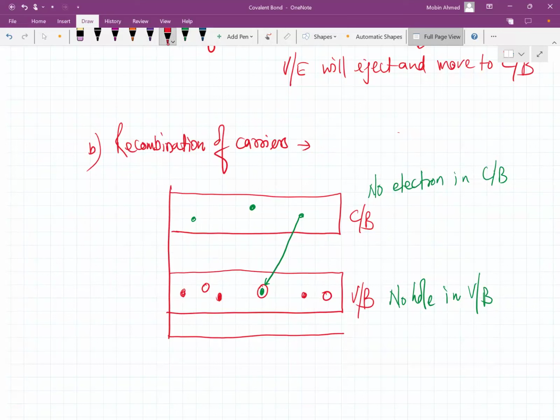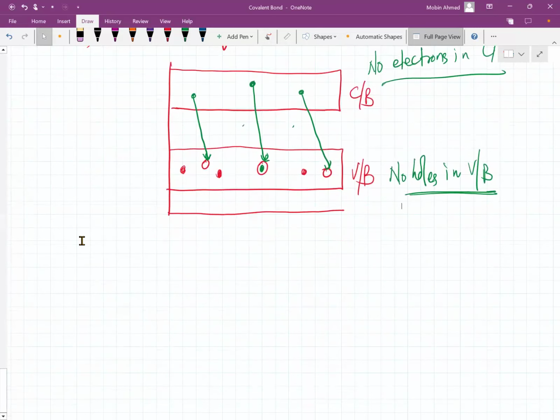If they are recombining here, then there are no electrons in the conduction band and no holes in the valence band. So this is known as recombination of the carrier.